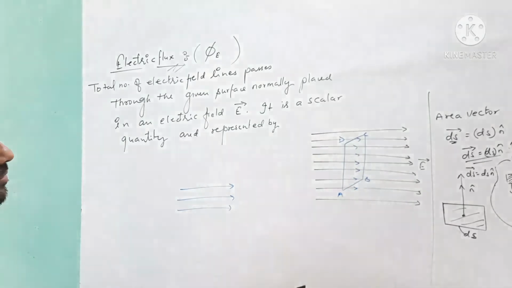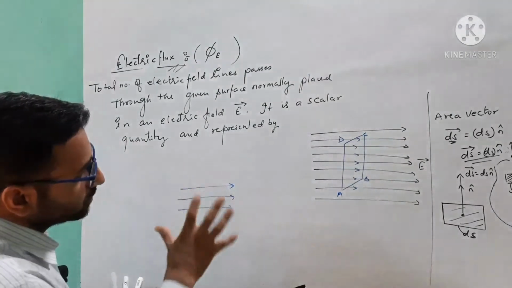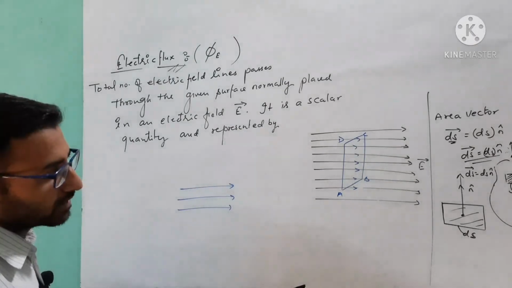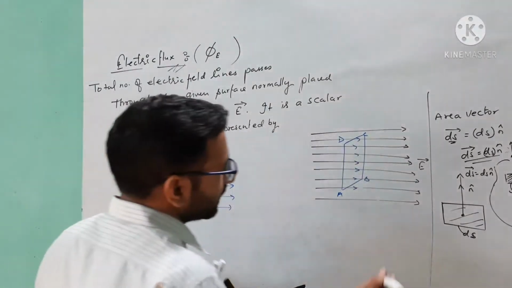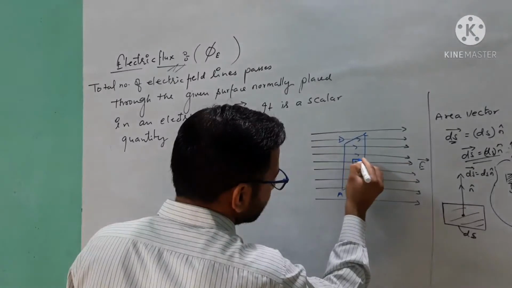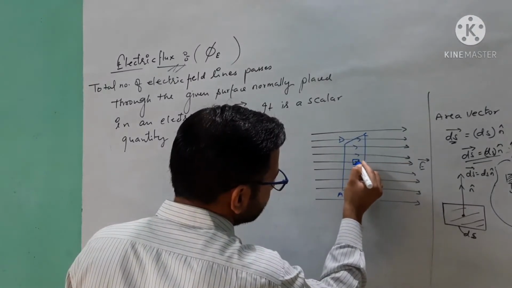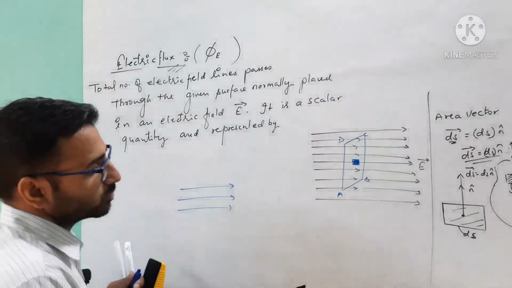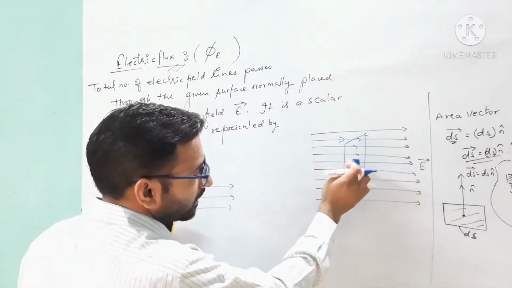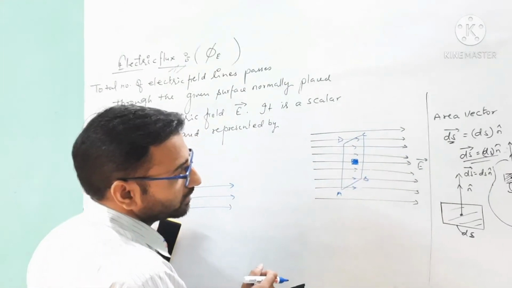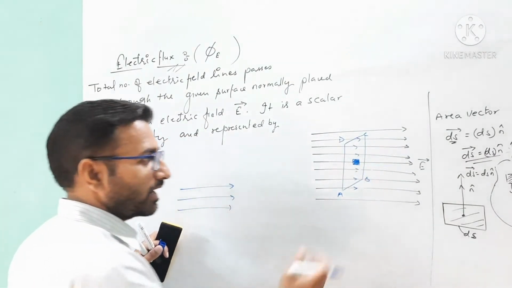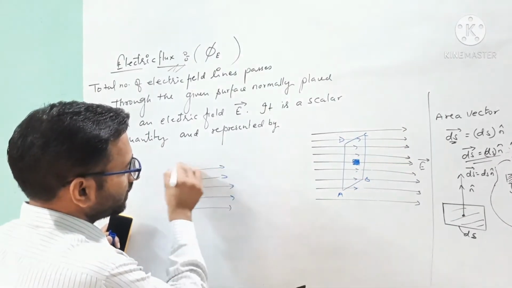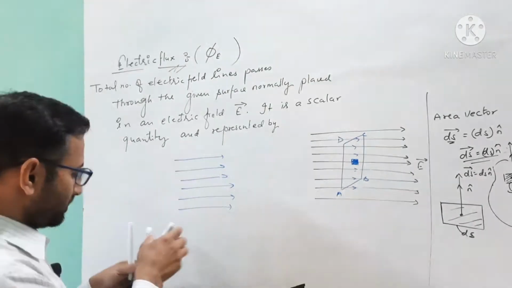Now, how will we represent the formula of electric flux? First we divide the given surface into small elementary parts. Suppose this is our elementary part of the given surface, and in another diagram I will represent this elementary part in big form, like this.